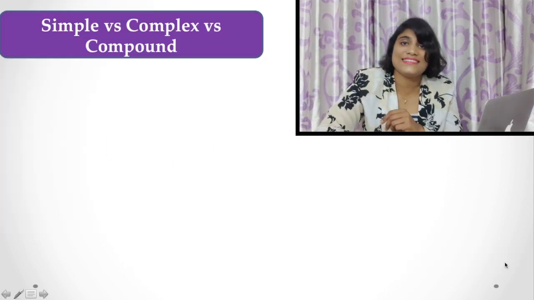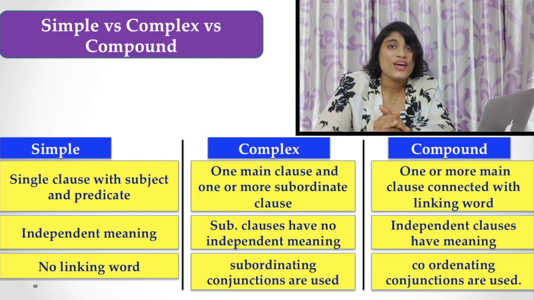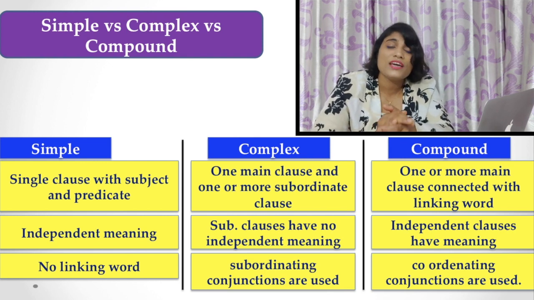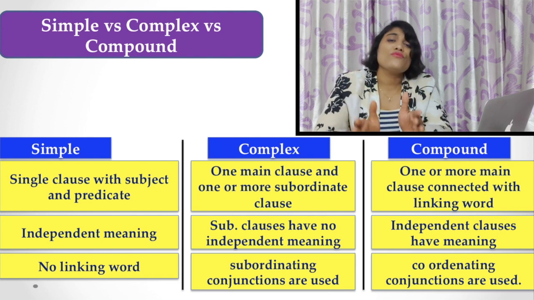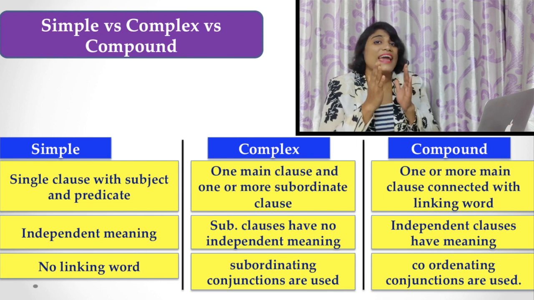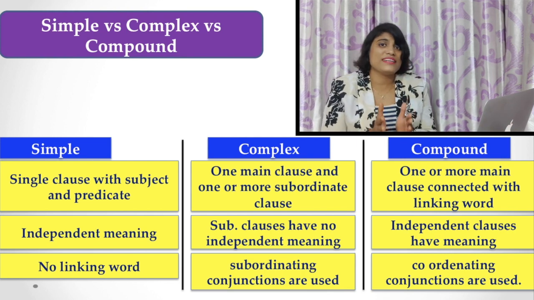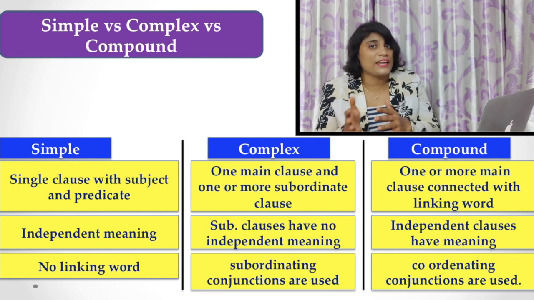Now, let's see the differences between these sentences. When we are talking about a simple sentence, we find one independent clause, that is, a clause that depends on nowhere else. That independent clause can be, and must be, divided into two parts, the subject part and the predicate part.